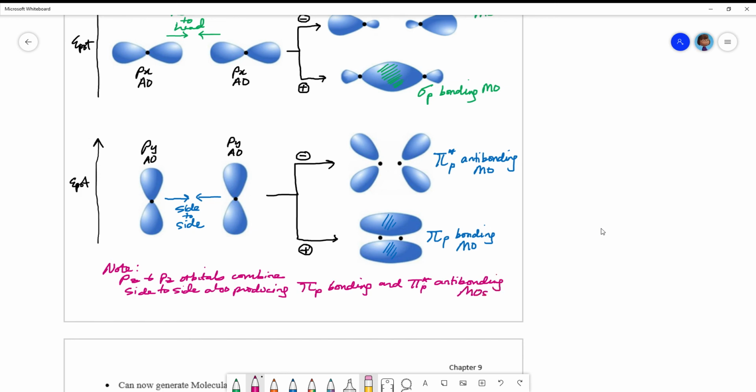Okay, so essentially you get the same picture for the pz's as we got for the py's.